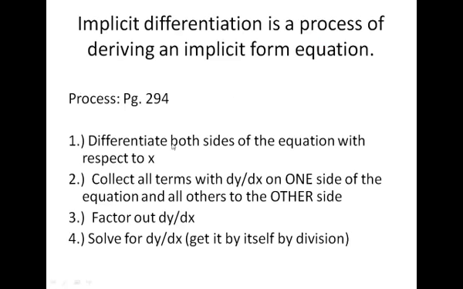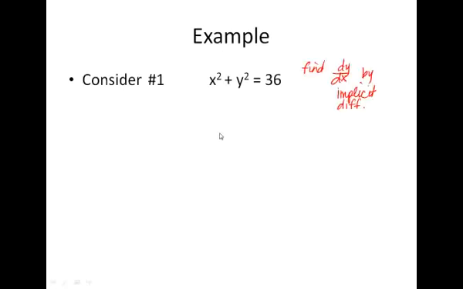I'm first going to differentiate both sides of the equation with respect to x. So I'm going to have to differentiate this side, and this side with respect to x. Now I'm going to have to use the sum and difference rule, so just piece by piece I'm going to derive this.